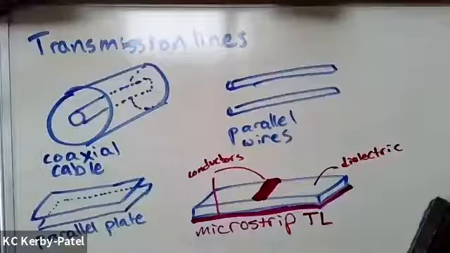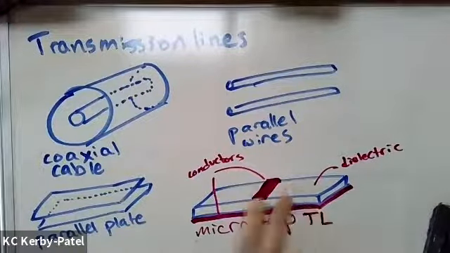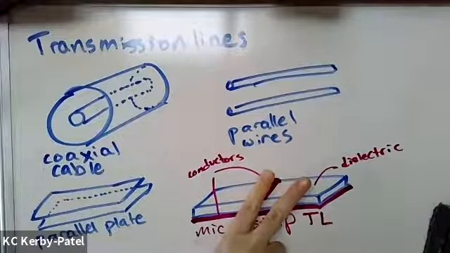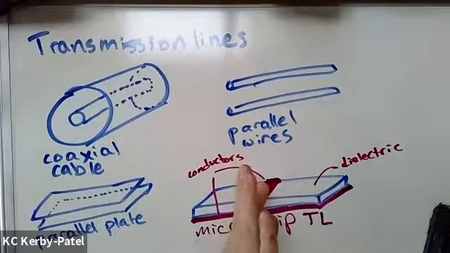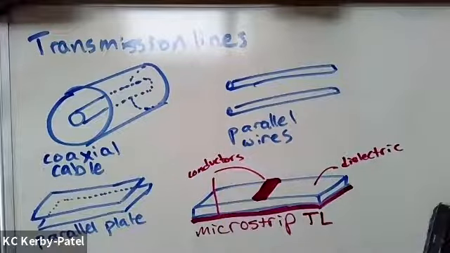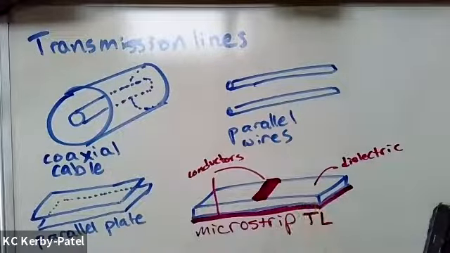And there are even more kinds than that. There are a lot of different kinds that get used in printed circuit board geometries, especially. You can have coplanar waveguide, where you have two conductive strips on the same side of the dielectric sheet instead of on opposite sides. There's a lot of different kinds. But anyway, transmission lines are literally the conductors that connect your circuit together and their specific configuration.